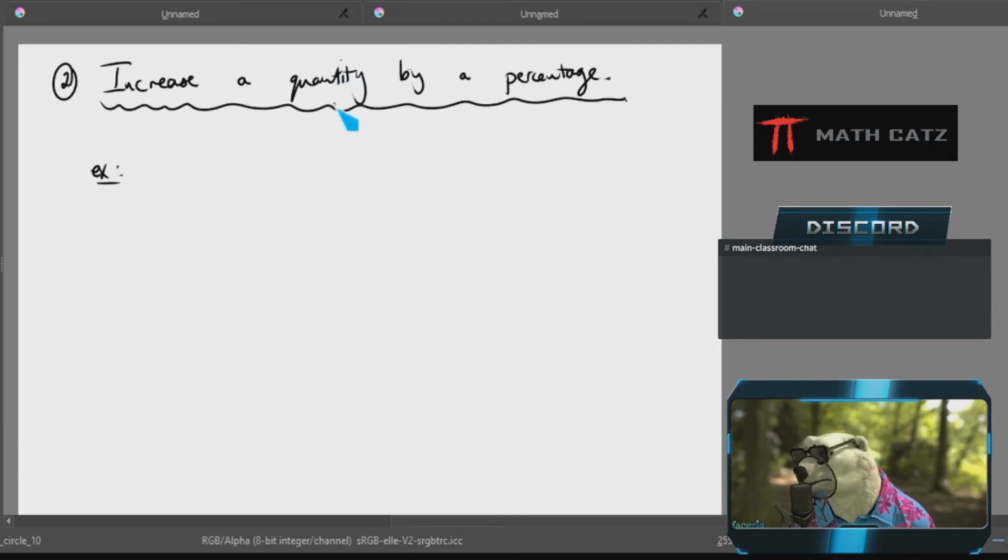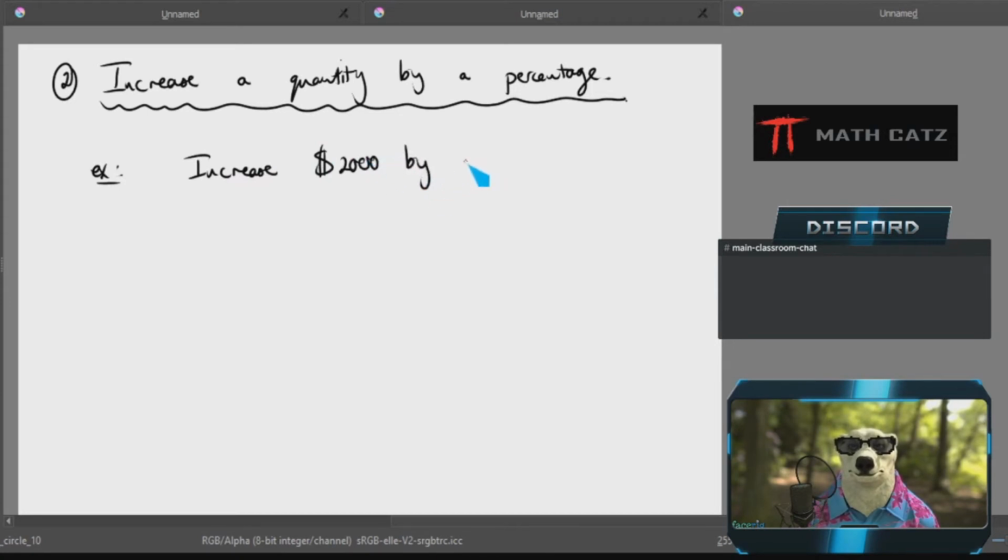Pretending I have money that increases. So let's suppose I increase $2,000 by 15%. For some reason, whether it's from the bank or wherever, I have the opportunity to increase $2,000 by a certain percentage, 15 in this case.